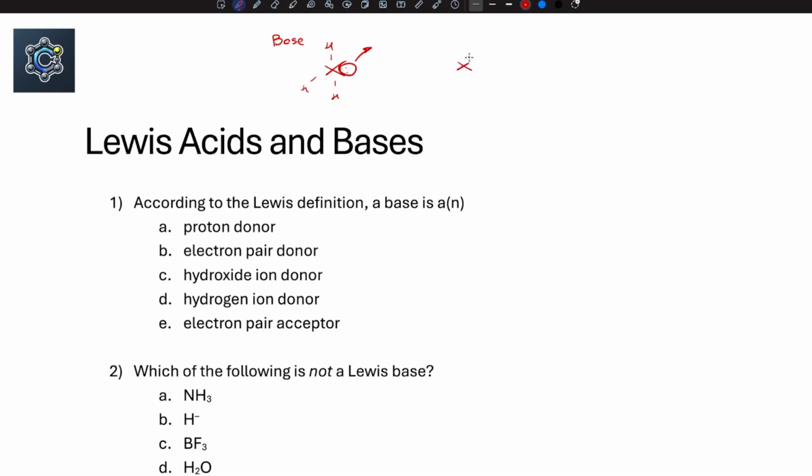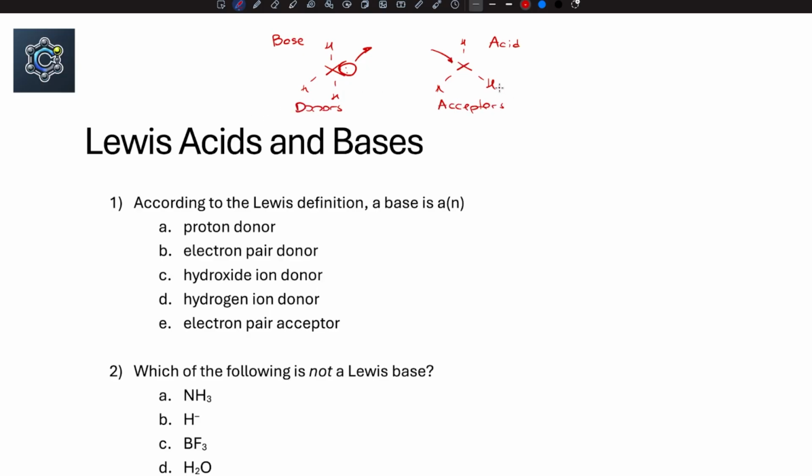However, if we have something like this that doesn't have a lone pair, assuming it won't break the octet rule if it grabs a lone pair, then this would be an acid. And so we say that bases are donors, while acids are acceptors.